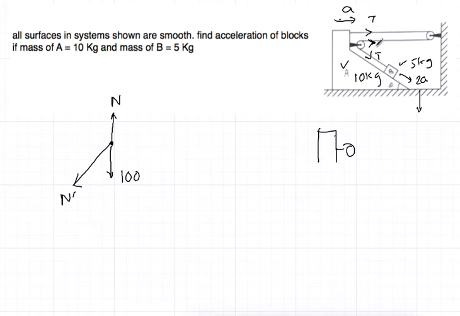I can directly write these two T's as 2T, and there is a force of T in this direction. This angle is of course theta, and this angle is also theta. Anything else? I don't think so. So these are all the forces which are acting on 10 kg.